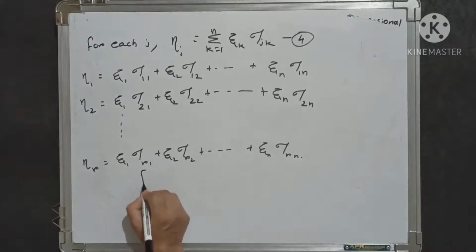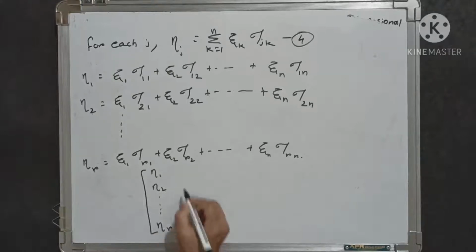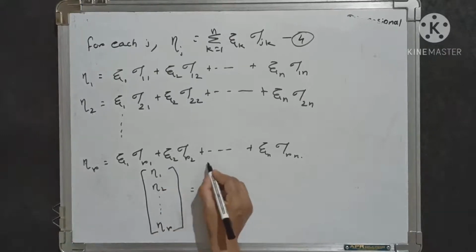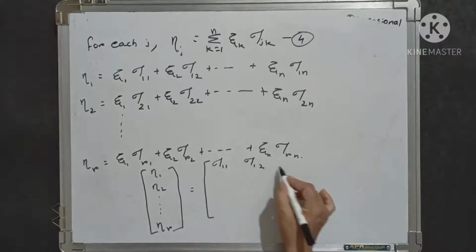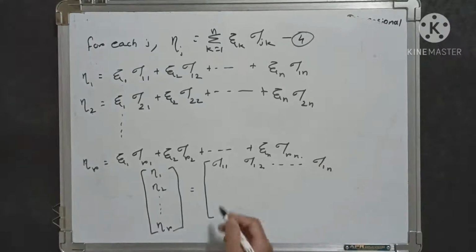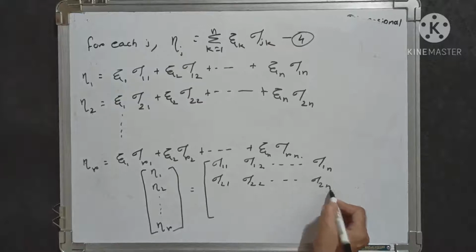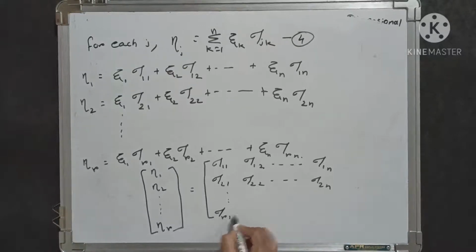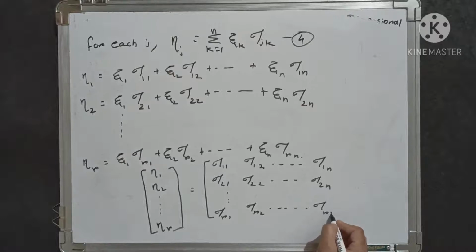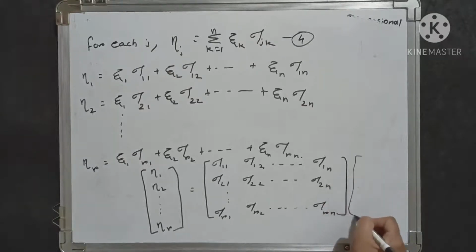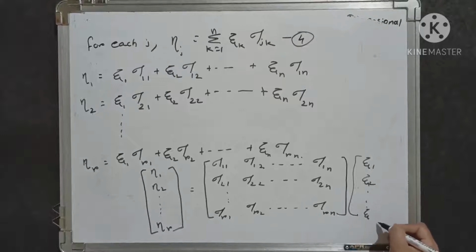Here we take the column vector eta 1, eta 2 up to eta r, equals the matrix with rows tau 11, tau 12 up to tau 1n; tau 21, tau 22 up to tau 2n; up to tau r1, tau r2 up to tau rn, into another column vector xi 1, xi 2 up to xi n.